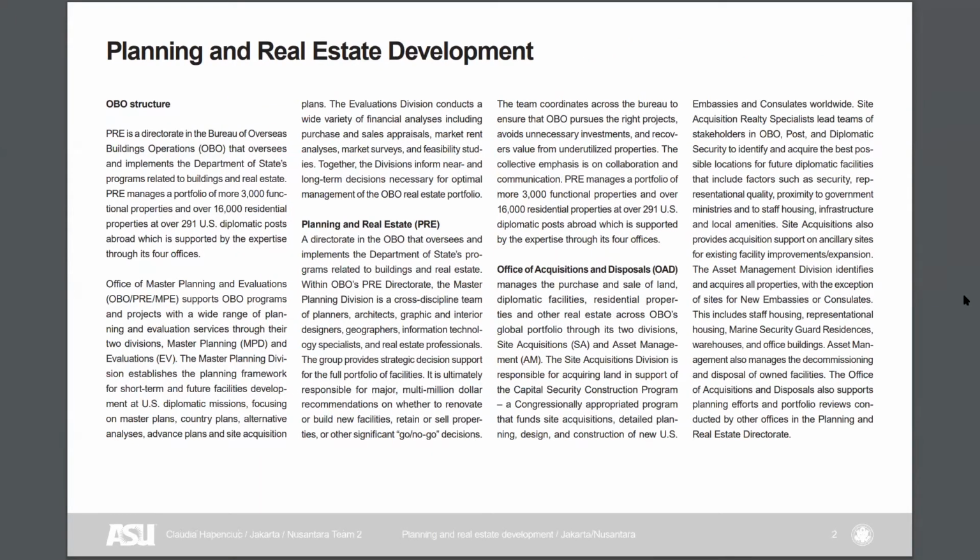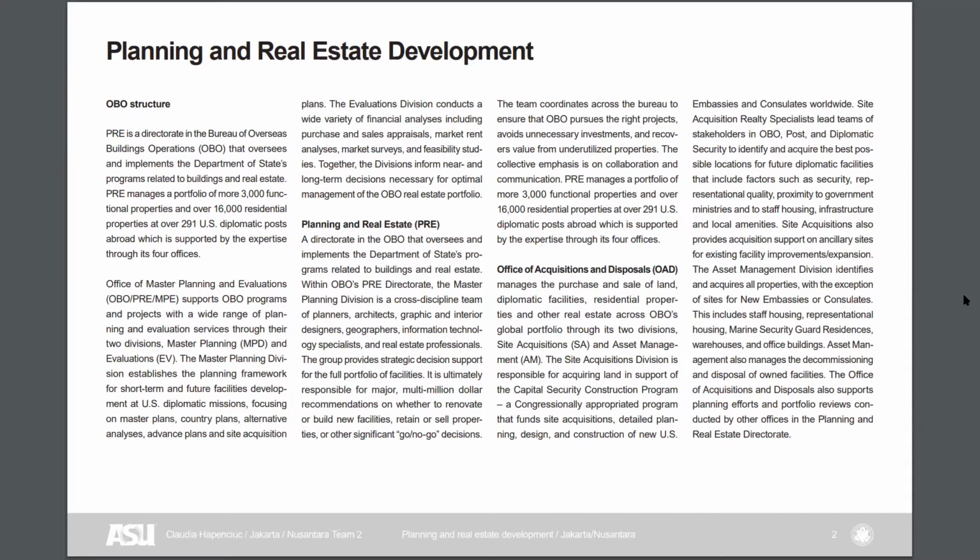In order to analyze this, it's important to understand a little bit of the background of the OBO structure. OBO has a division of planning and evaluation, which gets further divided into master planning and site assessment.